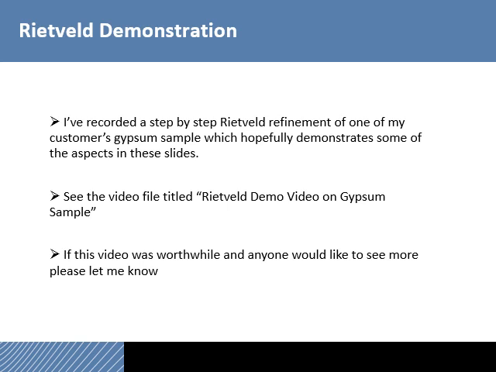I know sitting through 40 minutes of me talking to these slides probably doesn't seem very useful because you've never really seen one. So I removed all those old slides from the previous set of slides, and I decided to just take a real sample from one of my customers and do a refinement. I actually started from scratch.